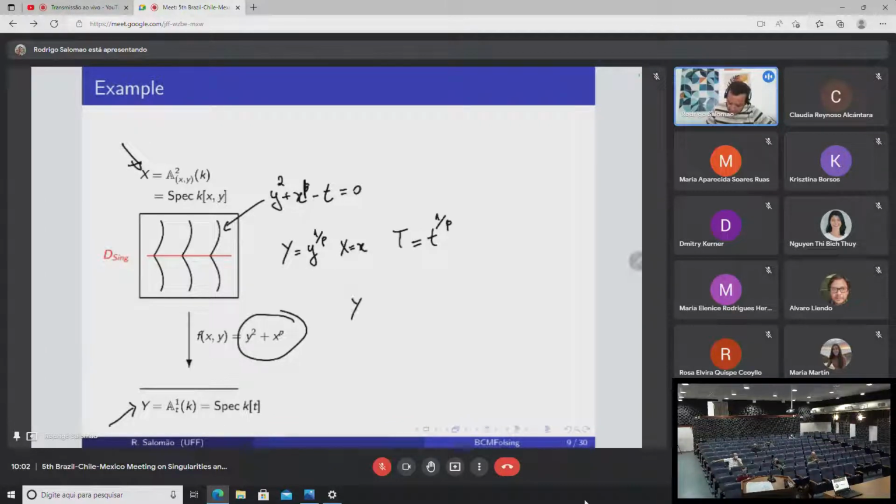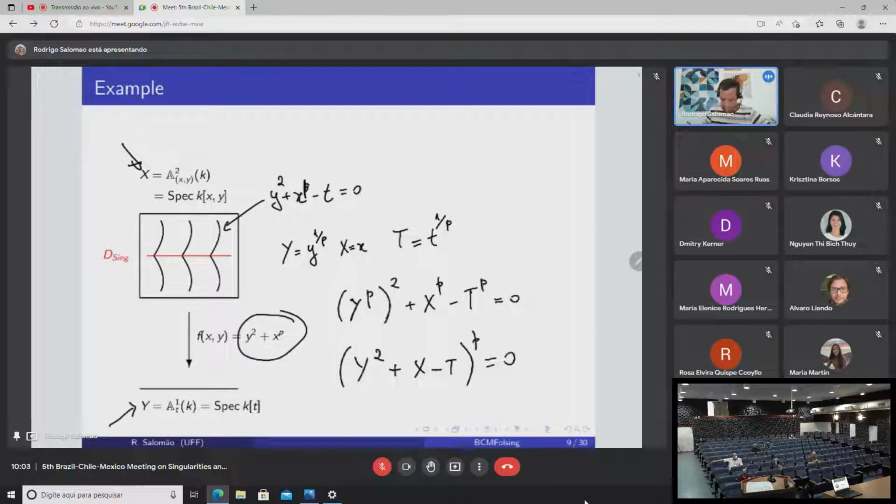This fiber can be written in the following way: Y to the p squared plus X to the p minus T to the p, equals 0. Sorry, here it is to the p. If we use characteristic p features here, we will have Y squared plus X minus T to the p equals 0.